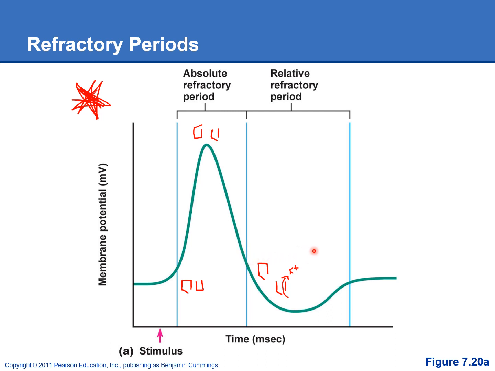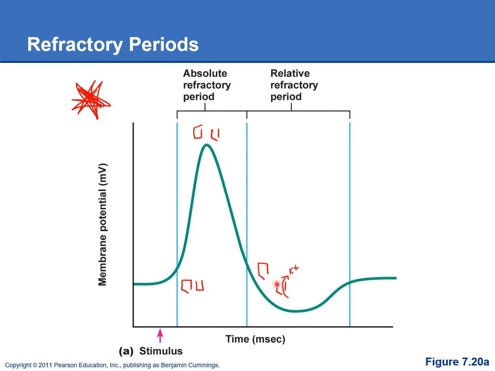And then in the relative refractory period, you can get another action potential generated, but you have to have a much bigger stimulus than normal. You can get another action potential going here because you have reset some of the voltage-gated sodium channels back to their original conformation.